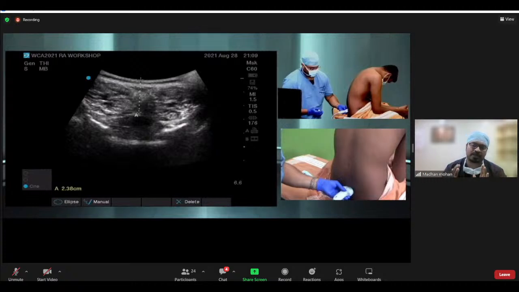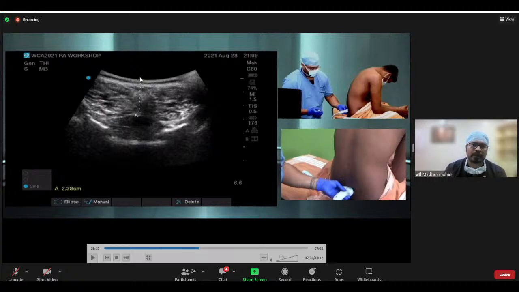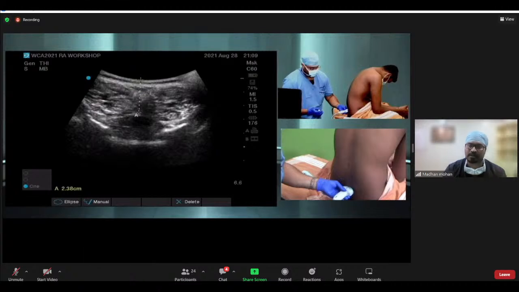Suppose you imagine a thick pad of fat, say 2 to 3 centimeters, and with pressure you can reduce the thickness to maybe 1.5 or 2 centimeters, and you are going to land up with values much lesser than the actual one. And of course, while doing the real-time blockade, you may get puzzled why I'm not getting the CSF. So whenever doing this, keep it gentle and make use of calipers to identify the distance you need to travel.